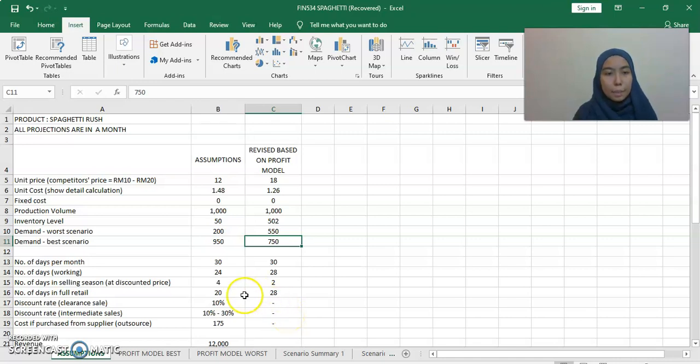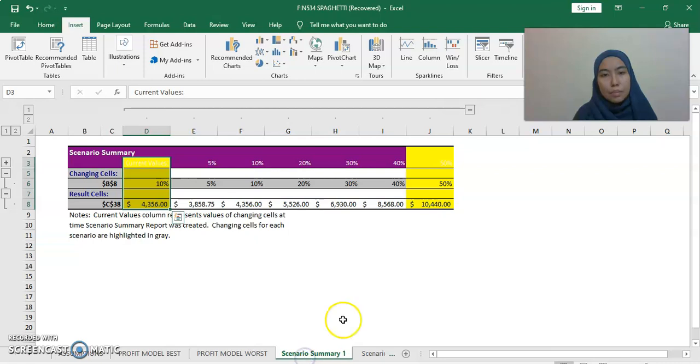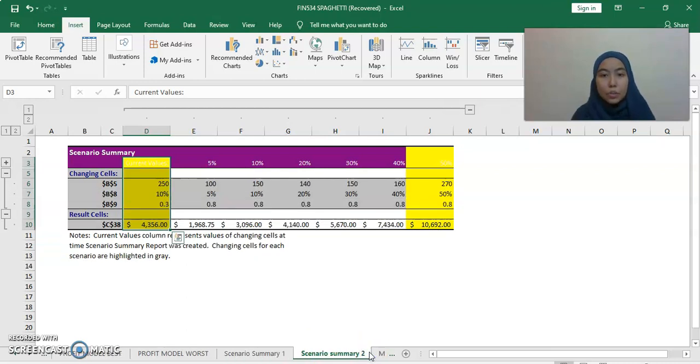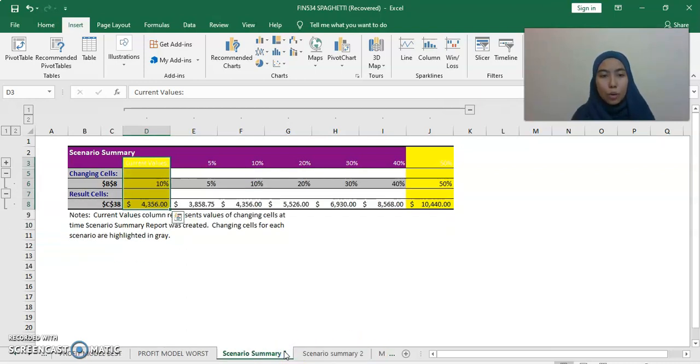But for the number of discounted prices, actually there is no discount, because the scenario summary didn't achieve my target. But the revenue is still quite high, so it's good, but I need to think twice about whether to continue with the discount or not.